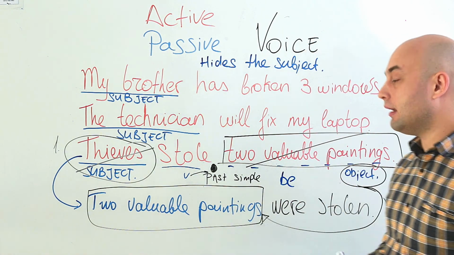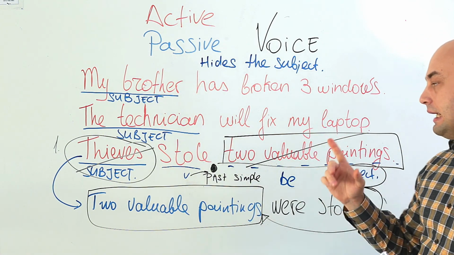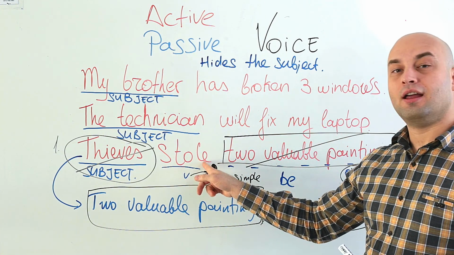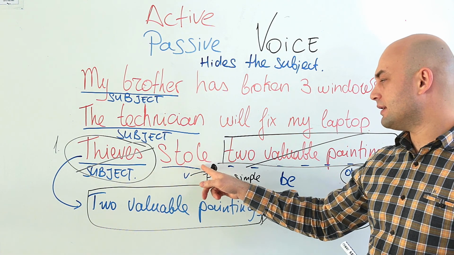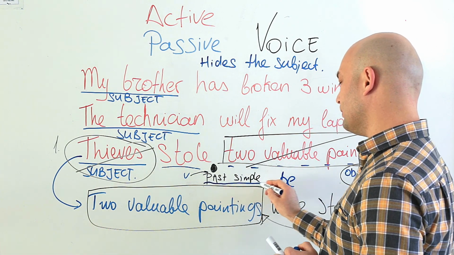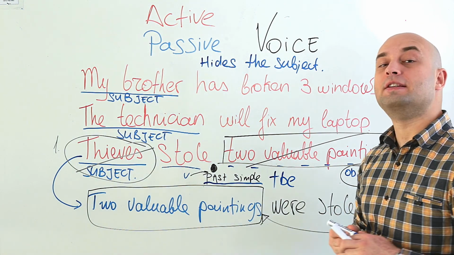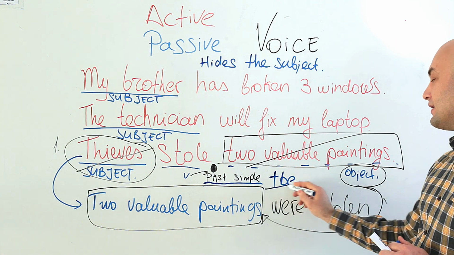But I can't just say "two valuable paintings be." I need to remember what verb tense that was. Oh, that verb tense was past simple. So I write be in past simple.